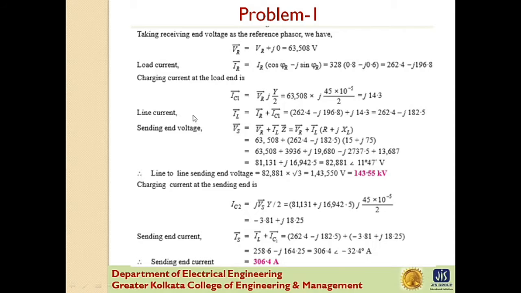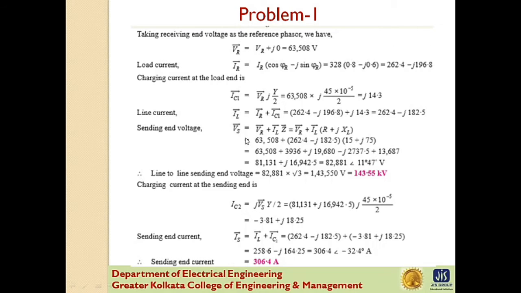Next, line current. Now IL equals IR plus IC1. By putting the values of IR and IC1, we get the final value of line current, 262.4 minus J 182.5.